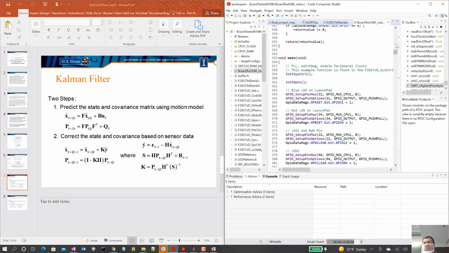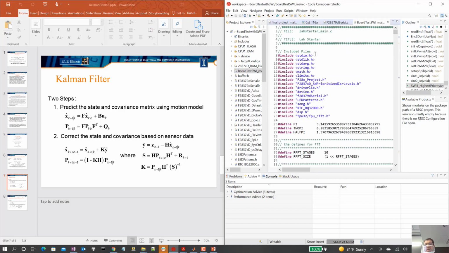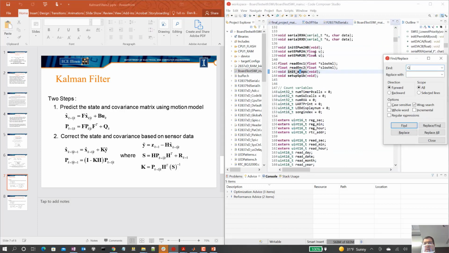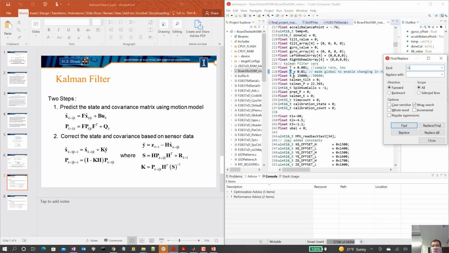But in other words, we're saying we trust the integral of the gyro way more than we trust the accelerometer. Let's see if I can get to Q quick. There it is. Yeah. So Q is 0.01 and R is 25. If you put R at like 20,000, it's still going to work too. So there's quite a number of different Q's and R's that would work.